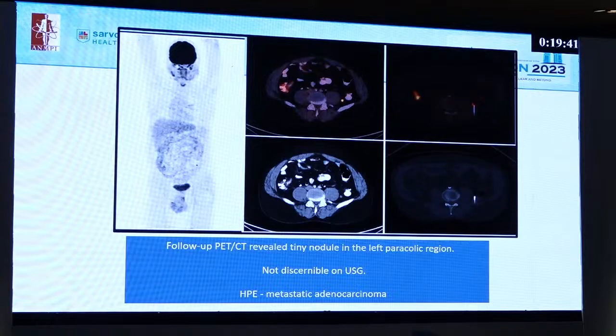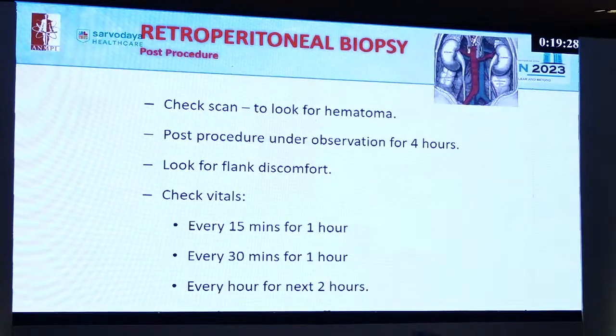The patient was suggested an ultrasound-guided biopsy, and on ultrasonography the lesion was non-discernible. He was again referred for a PET CT-guided biopsy, and the biopsy from this lesion turned out to be adenocarcinoma.